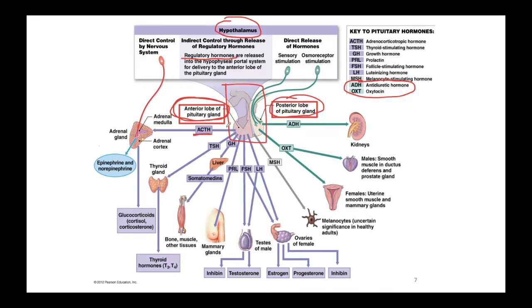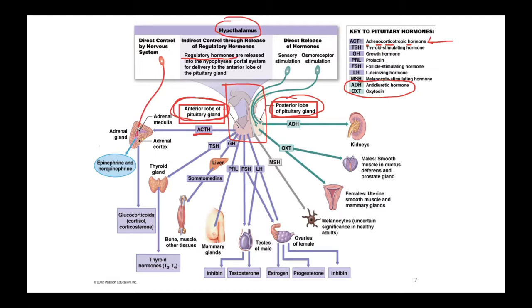Now let's go to the key on the upper right, and we'll see that ACTH stands for adrenocorticotropic hormone. Now, if we break down the word, we can try and figure out where it's going to go, right? Adreno for the adrenal gland.